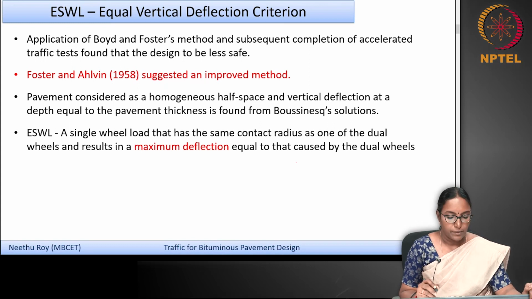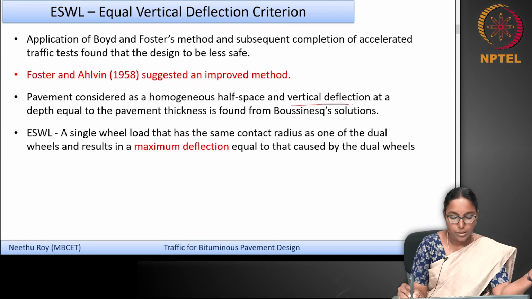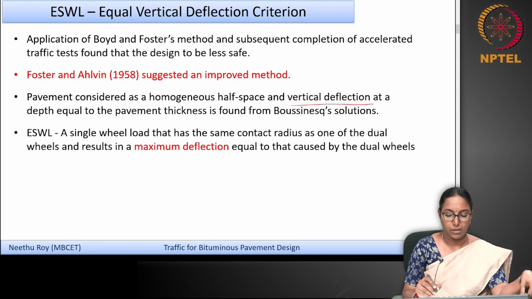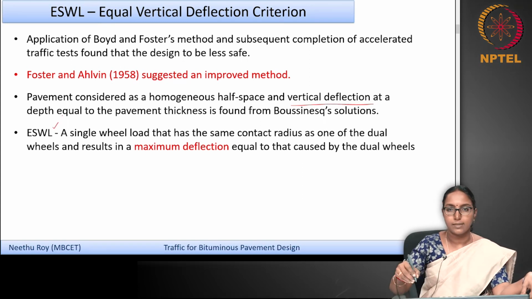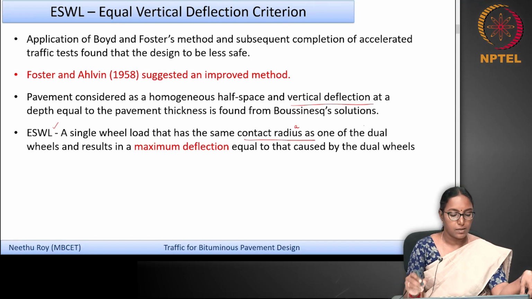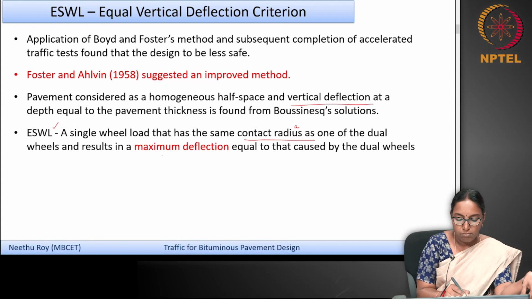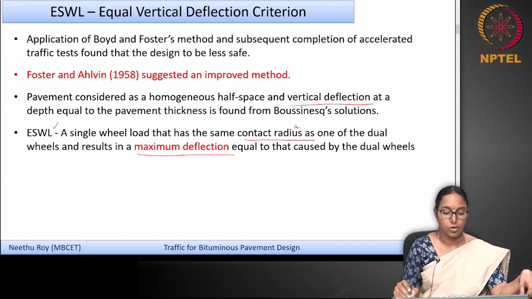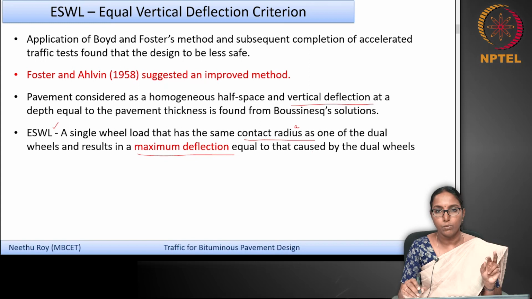Foster and Ahlvin suggested an improved method wherein the pavement is considered as a homogeneous half space and the vertical deflection at a depth equal to the pavement thickness is found from the Boussinesq solutions. The equivalent single wheel load is that single wheel load which has the same contact radius a as that of the dual wheels and which will result in a maximum deflection equal to that caused by the dual wheels. So here the maximum deflection at the bottom of the pavement layer is the criterion for finding the equivalent single wheel load.